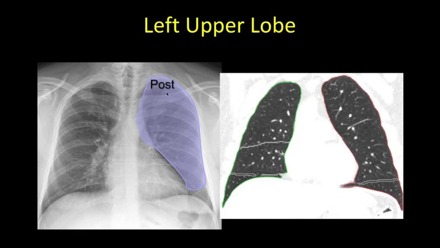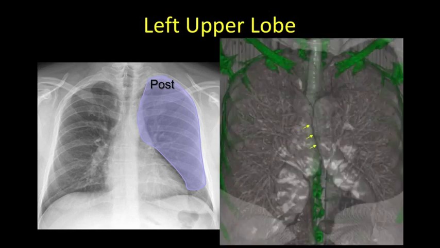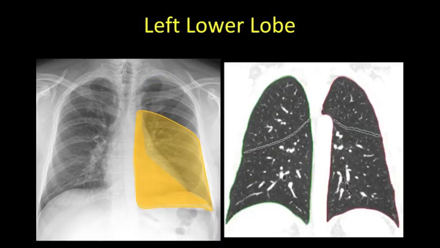Again, the posterior aspect and mid aspect of the lung is probably what's above the level of the clavicles. And here's the schematic again showing how the lungs are higher posteriorly and how the upper lobes can extend anteriorly and inferiorly. So the left lower lobe extends from the upper to mid hemithorax to the lower thorax beyond the level of the dome of the diaphragm.